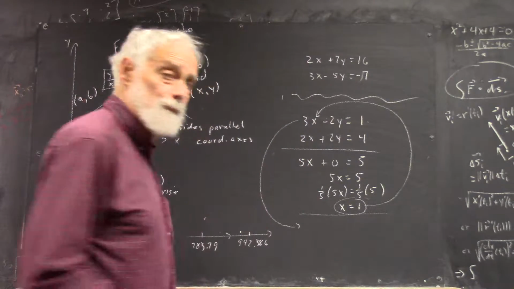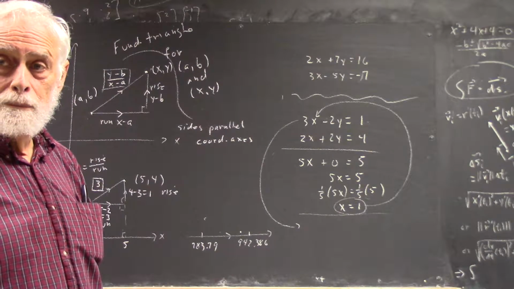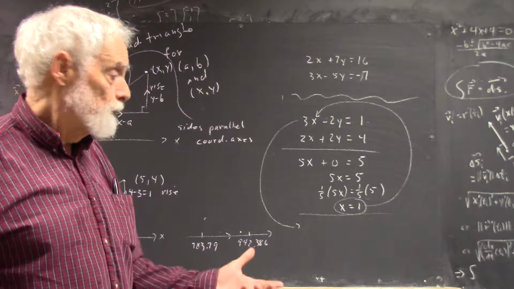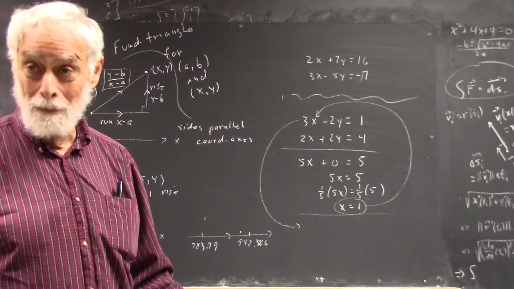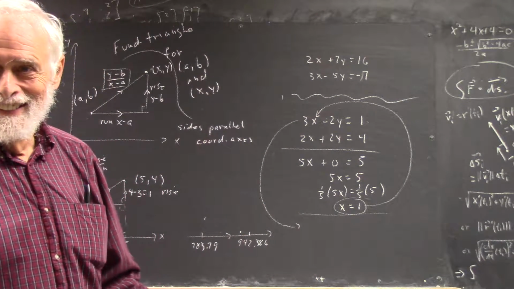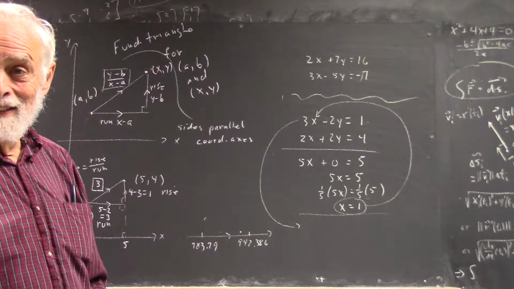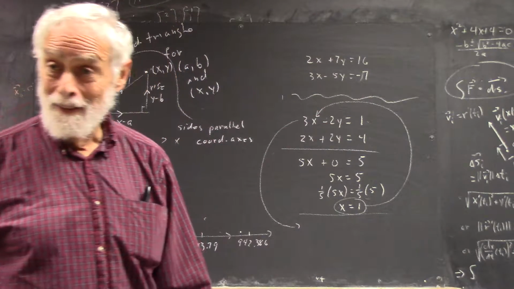And what do I get? 1x. No, you don't get 1x. X is 1. You're not going to have an x when you replace x by 1. Would it just be 3? 3, yeah. And what else? We want the whole darn equation, right?